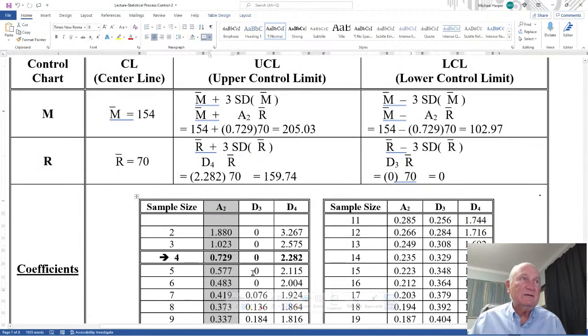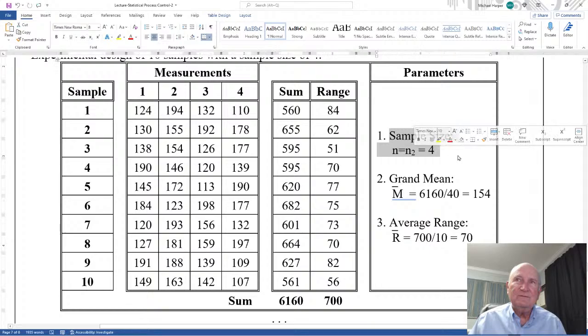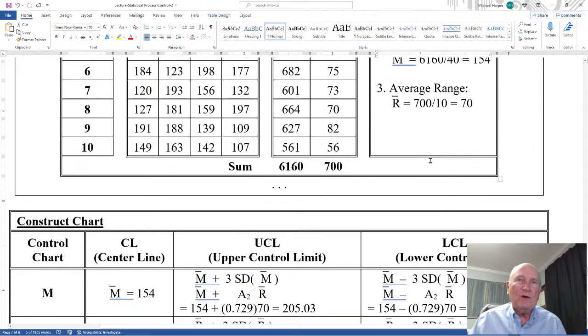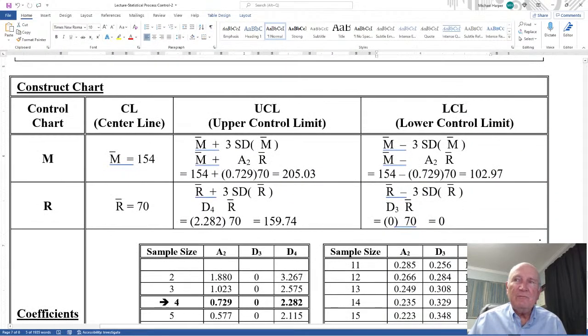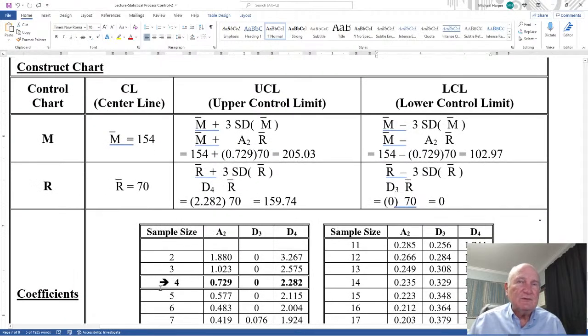Which one do we pick? Well, that's where the sample size comes in. Where n is 4, the coefficient we pick is from the row for sample size n equals 4. So A2 will be 0.729. So I bring up 0.729 for A2. M bar is 154. R bar is 70. I do the arithmetic, and there's my upper control limit.